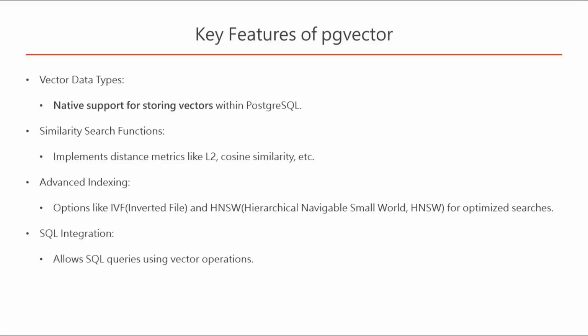The third is advanced indexing, like the inverted file, which we call IVF, or the hierarchical navigable small world, we mean HNSW, for optimized search. The final is SQL integration. It allows SQL queries using vector operations, so you don't need another language to use vectors in PostgreSQL.